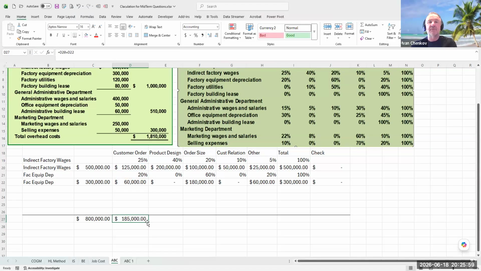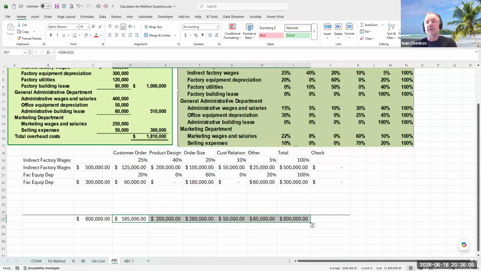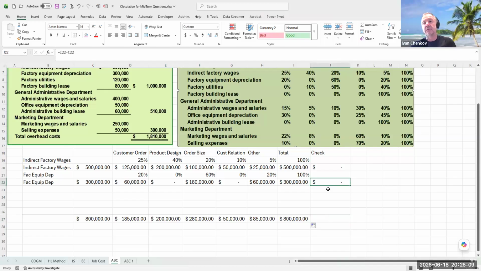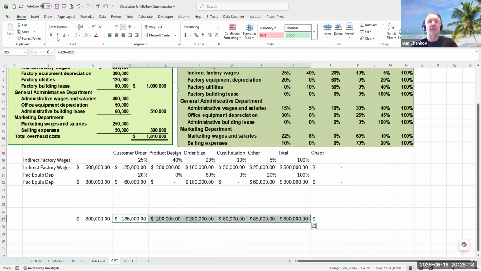And once you get the first one, you can easily go all the way to the end. Get the thing, and you can apply the check here as well. That means you're good. Highlight this in a different color, and you already know what you're allocating.